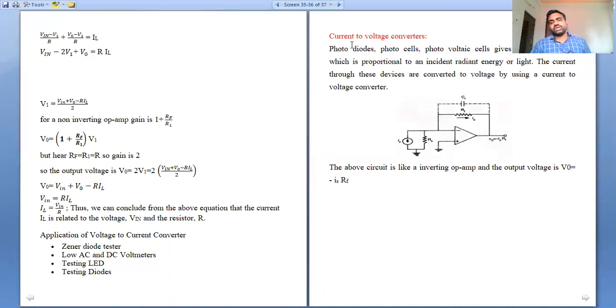Here at the source we are placing a current source, mostly photodiodes, photocells, solar cells or photovoltaic cells.